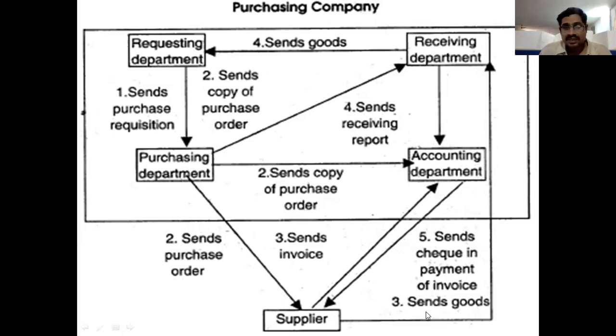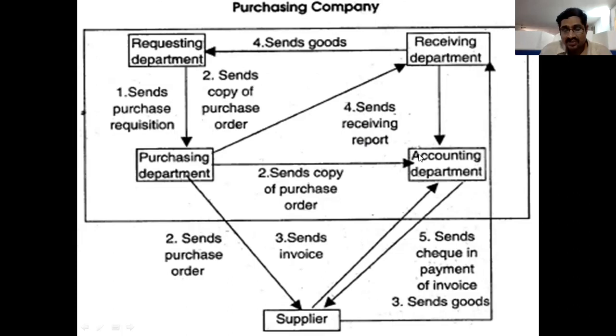Here the supplier will send goods to the godown and will send his invoice to the purchase department. Finally, the purchase department will forward this invoice to the financial department.